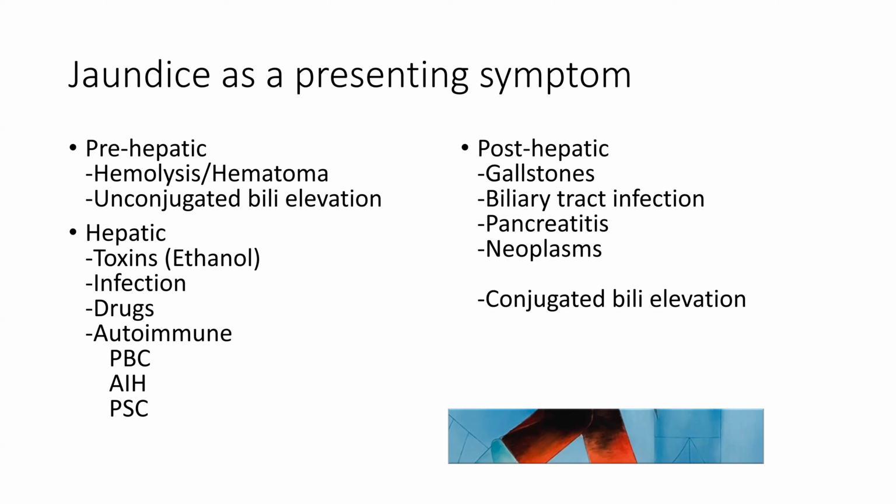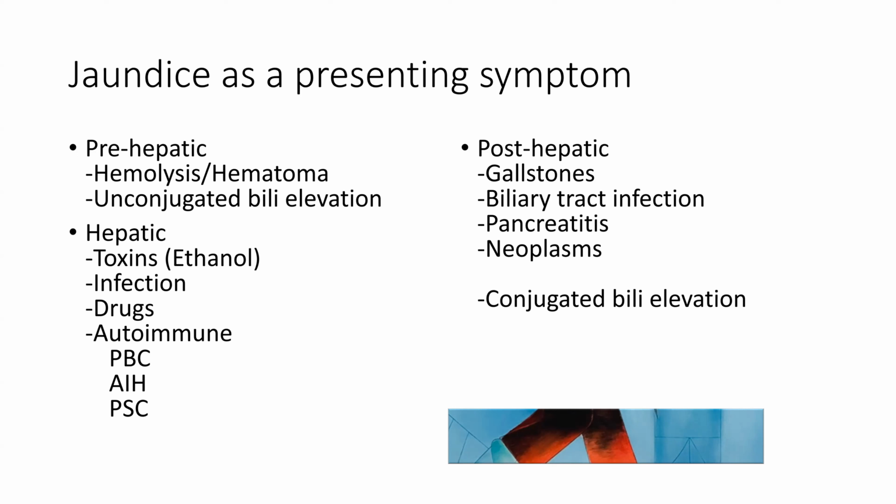Now, we can also get elevated bilirubin due to a variety of hepatic issues. We know that patients with cirrhosis and toxins due to ethanol and hepatitis and various other things can get cholestasis, can get mixtures of types of bilirubin going up within the serum, along with usually other markers as well.